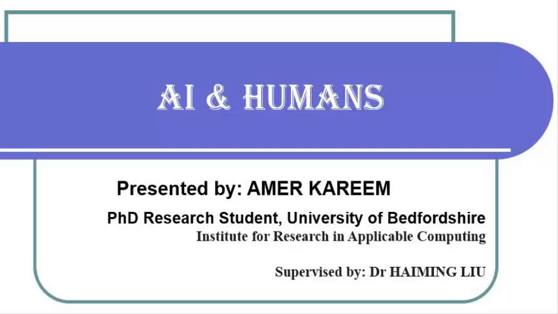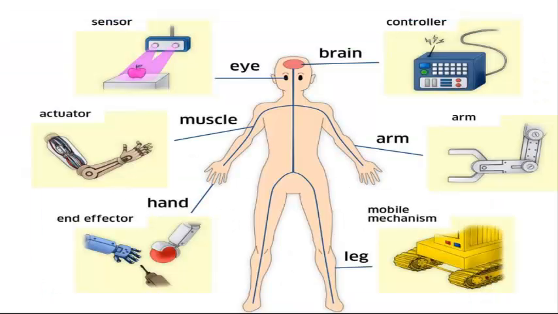This picture illustrates a very clear understanding and comparison of AI-based machines versus humans. If we start from the top, you see the brain. The brain of a human is the central controller where the whole processing of the input takes place.